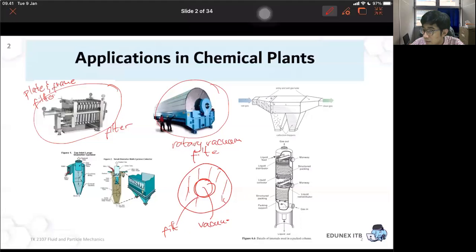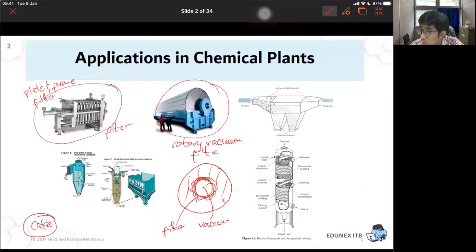Because there's a vacuum at the center of the cylinder, the solid will accumulate on the surface of the filter. And then you can take out the solid, or sometimes we call it cake. Cake is the solid part that's separated from the filter.